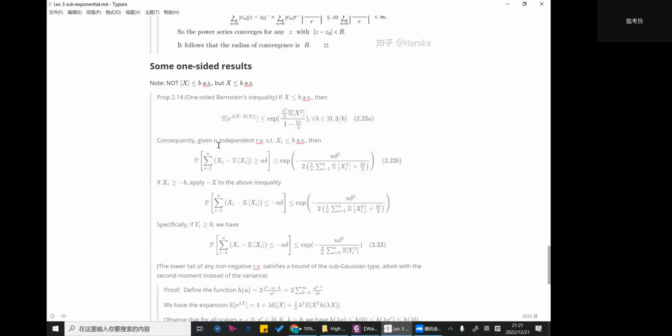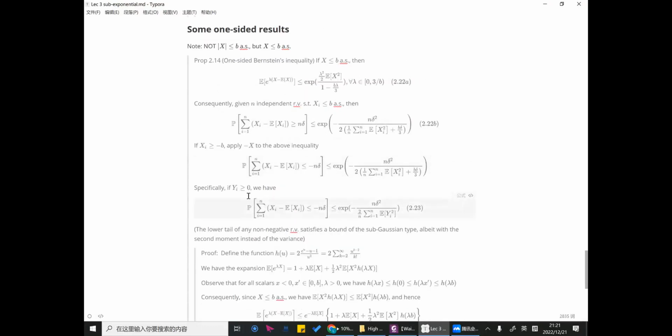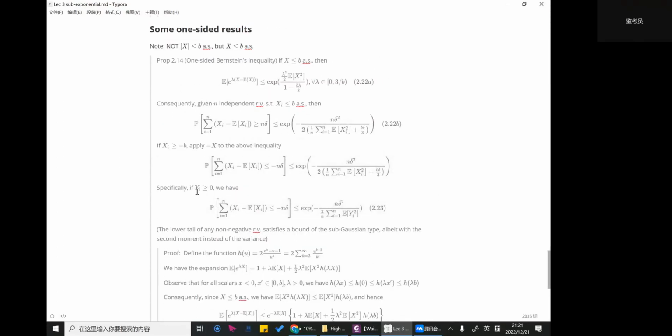And also, if we have n independent random variables, which satisfy the upper bound, then we get these results. Also, if we have a non-positive or a non-negative random variable, we can also apply the Bernstein bound and get these results.